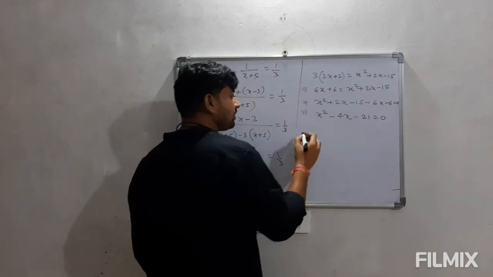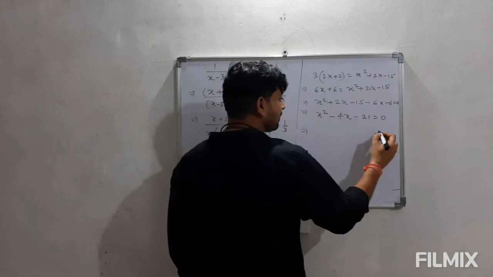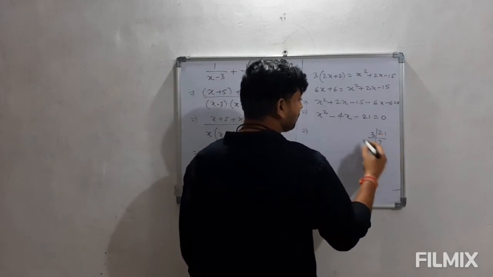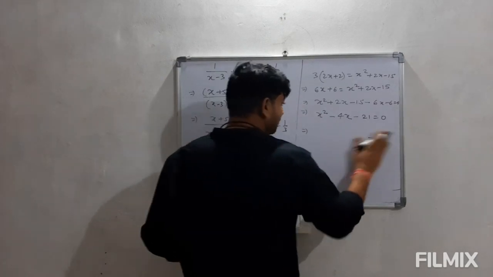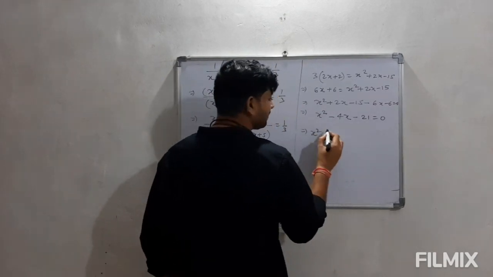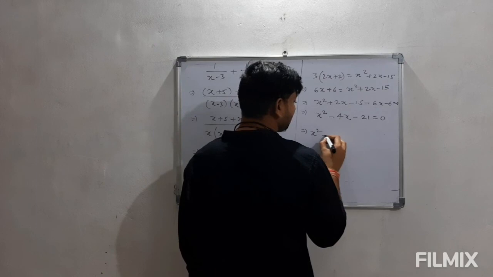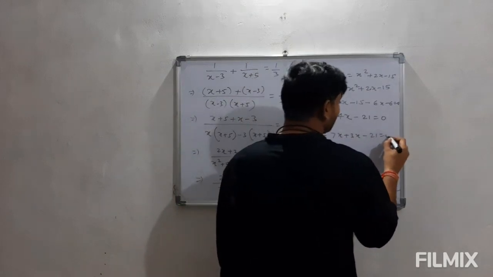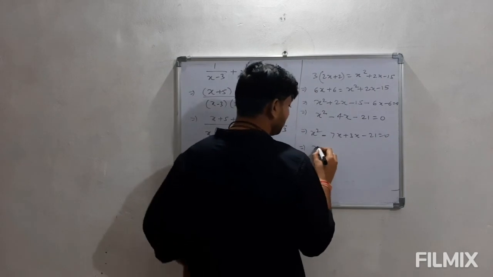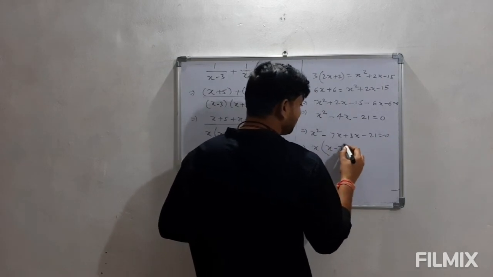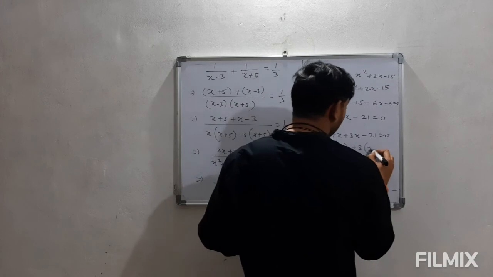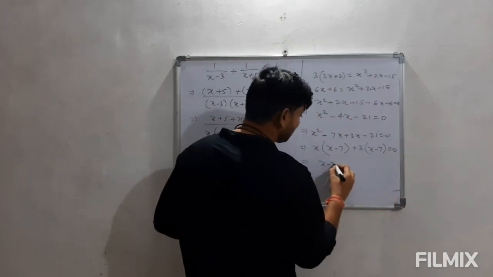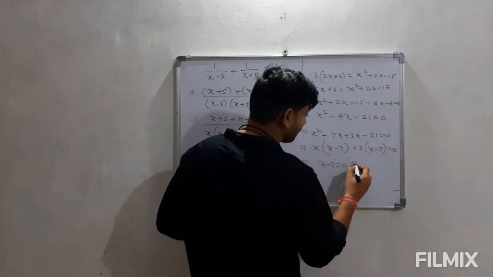Now this can be solved by using factorization. Clearly 21 has two factors, 3 and 7, from where we can get 4 here. So we can rearrange it in this form: x square minus 7x plus 3x minus 21 is equal to 0. So here we are getting x into x minus 7 plus 3 into x minus 7 is equal to 0.